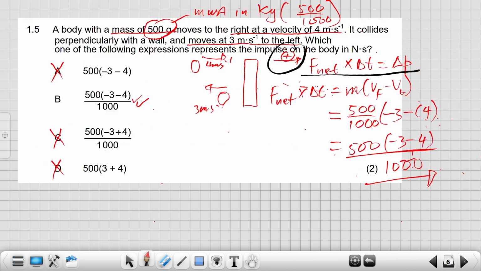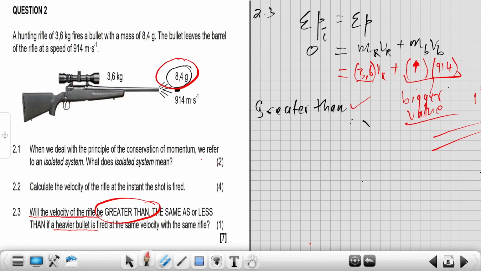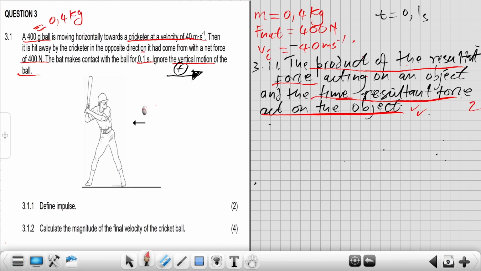So let's go to the problem again and say I am going to have change in P, which is just M times V final minus V initial. Then I'm going to have F net multiplied by change in T, which is just change in P. And then I'm going to have the last one, which is P equals MV.